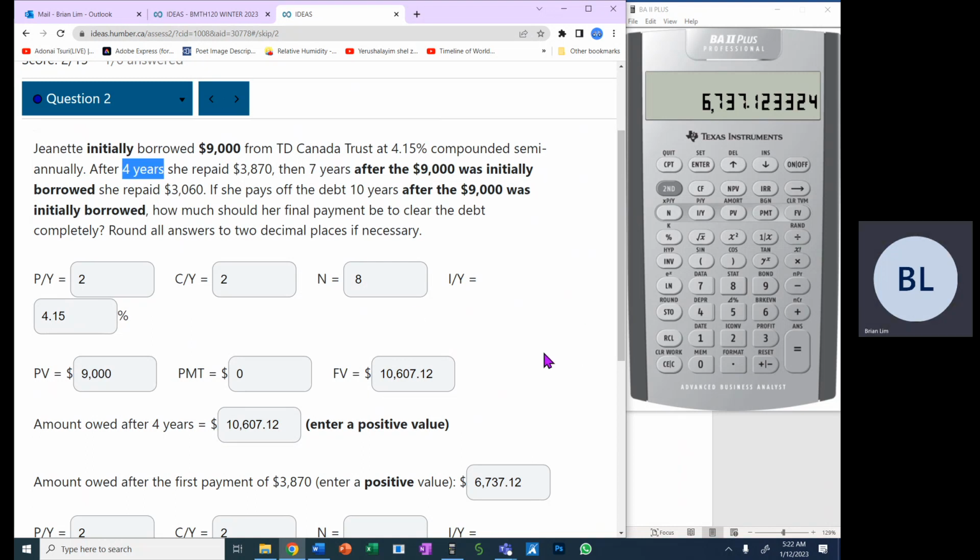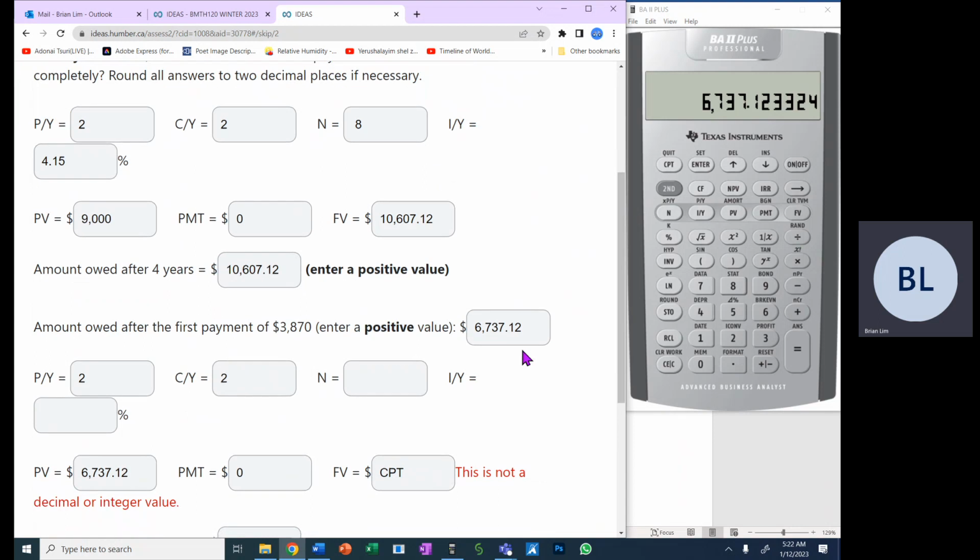Okay, so what we should do is go to what? So to get the number of years after the first payment, or the first part of the question, now we're going to the second part for 7 years from the initial. So 4 years have passed, so we should indeed go 7 minus 4.